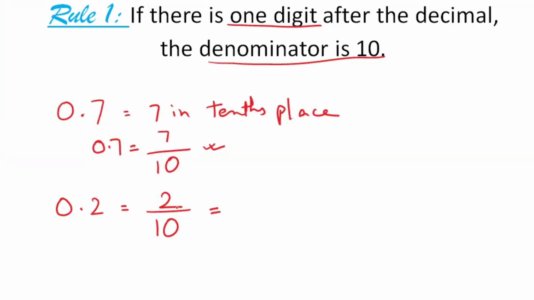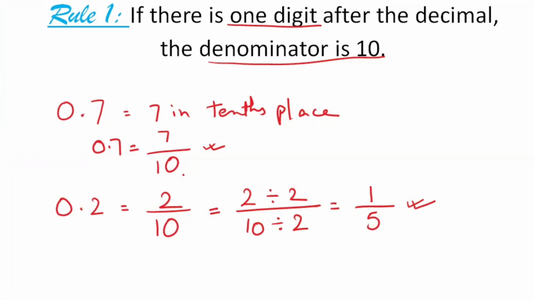Yes, we can simplify it further. 2 divided by 2 and 10 will also be divided by 2. We have to divide numerator and denominator by the same number. Always remember. So 1 over 5. This is the final answer. So 0.2 equals 1 over 5 and 0.7 equals 7 over 10.